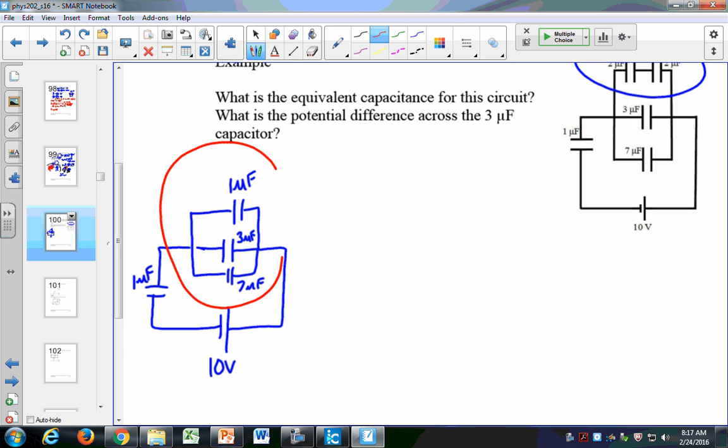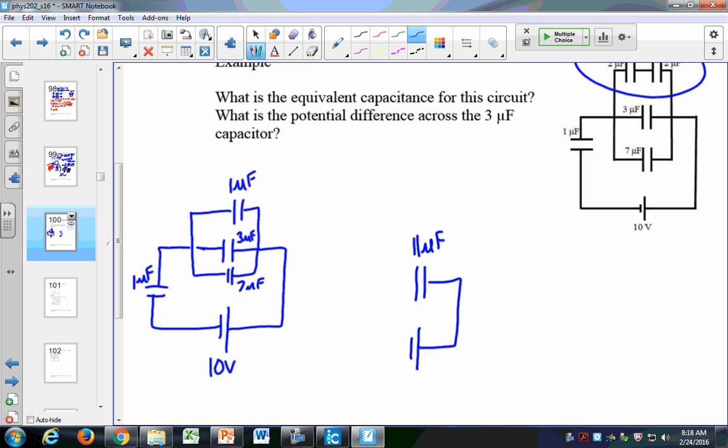This whole thing. All right, so I combine that. What is the equivalent of that parallel circuit? It's 11, right. So I have now my 10-volt battery with an 11 microfarad and a 1 microfarad.